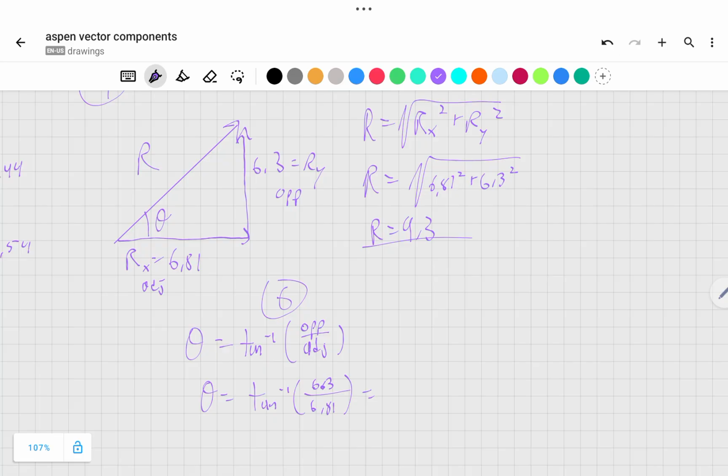And let's see what we get. Gotta remember to do this in degrees. There it goes. And so we get 42.8 degrees as our answer. Okay, so I now know the distance that we need to go to get from the start to the end, and also the angle.